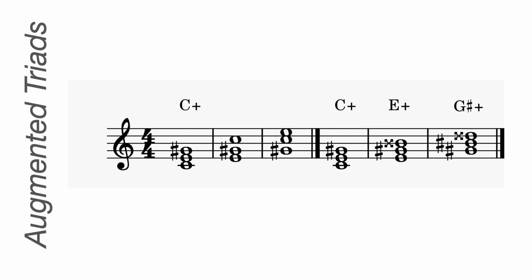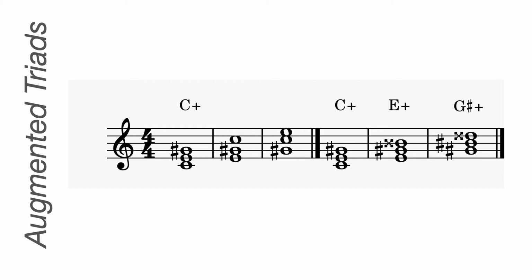Turns out that augmented triads are really ambiguous in terms of their tonality and kind of where they're going. And the reason for that is that each note in an augmented triad turns out to be a root of another augmented triad.